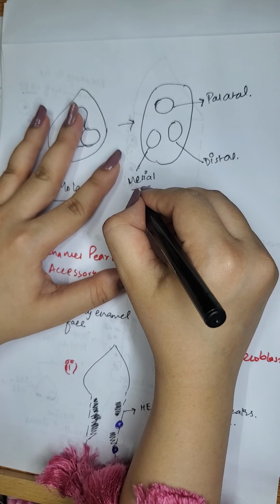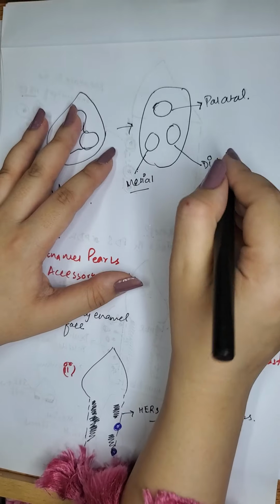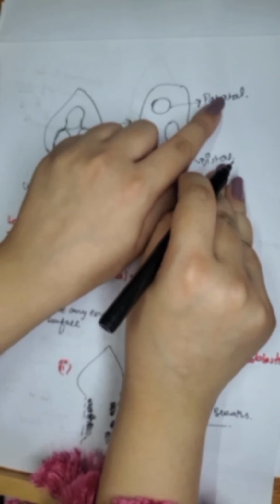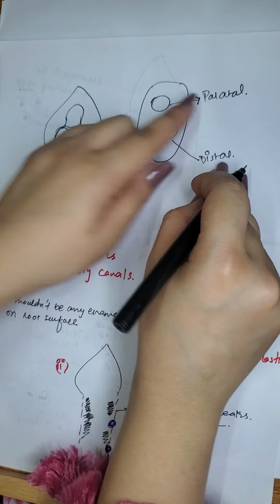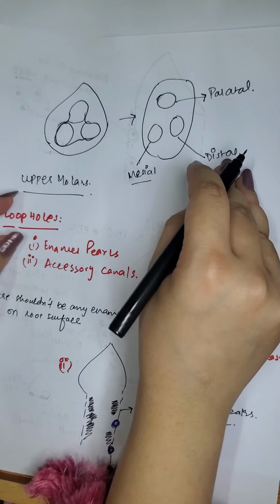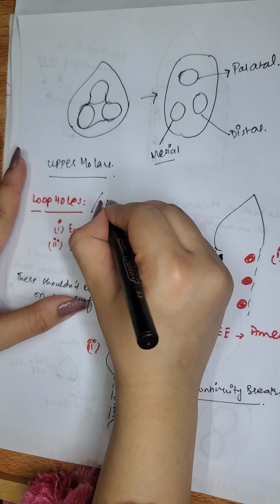So mesial root is basically the mesiobuccal or distobuccal, and we have this palatal root that is towards the palate in the upper molars or the maxillary molars.